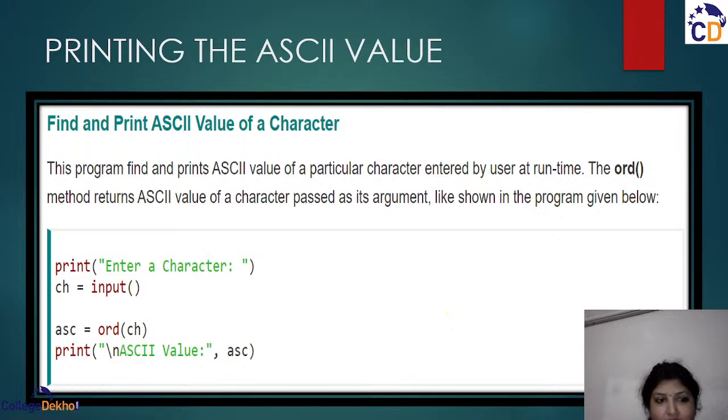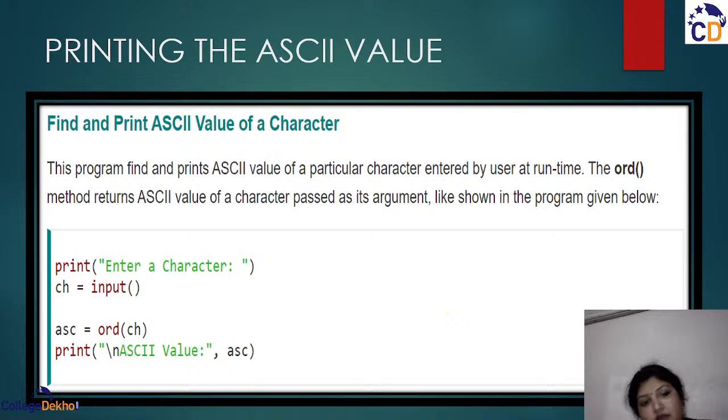So how to write that part? I have defined one variable that is calling the ORD function, which takes the input from the user, that is ch, and whatever the ASCII value is, it is going to be assigned to the variable ASCII.